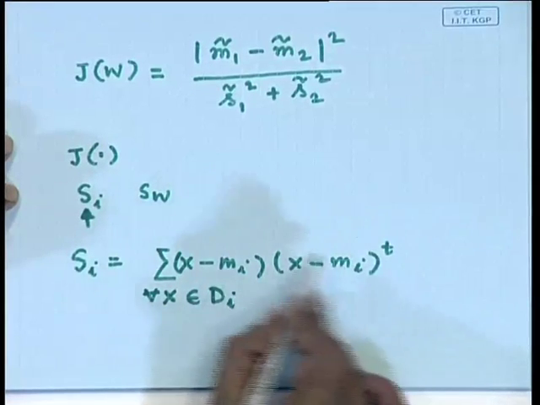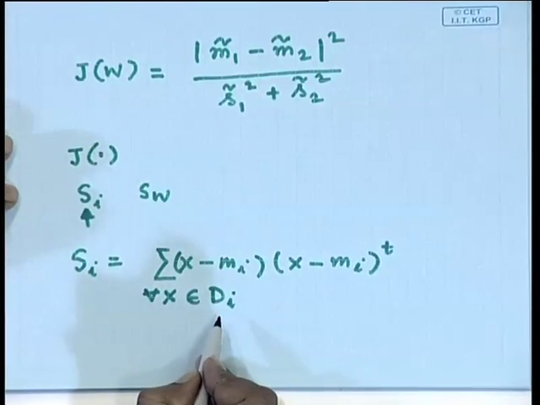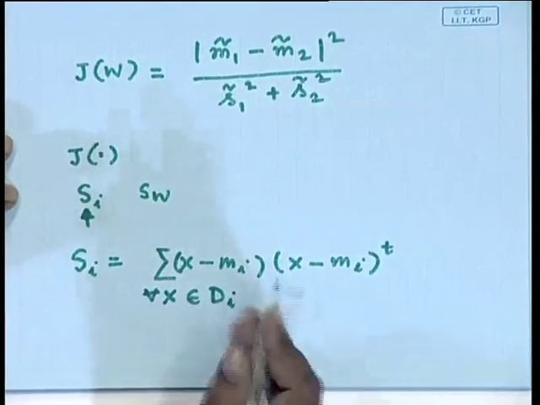So, this gives me the scatter of the samples in set D_i, or the scatter of the samples which are taken from class omega_i.